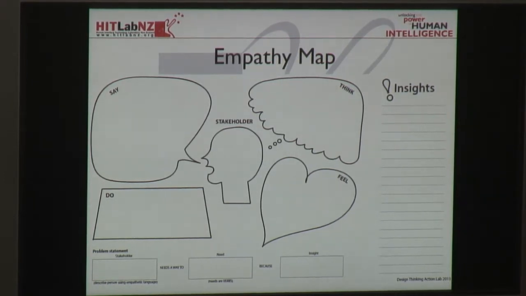So when you have an empathy map like this, one of the important things is to look for conflicts or mismatches between the different quadrants.